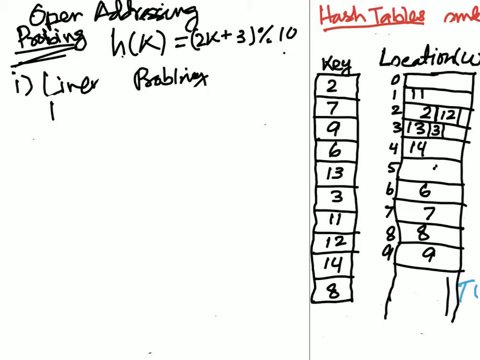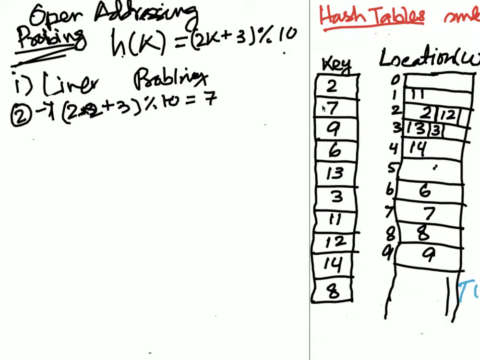Let us rewrite this. For key value 2: 2 times 2 is 4, plus 3 is 7, modulus 10 equals 7.